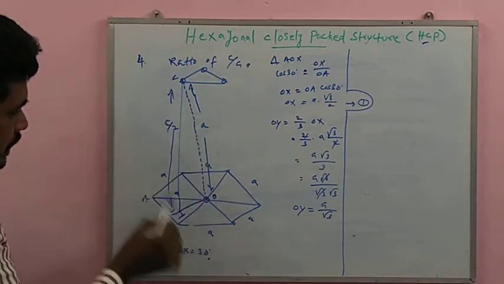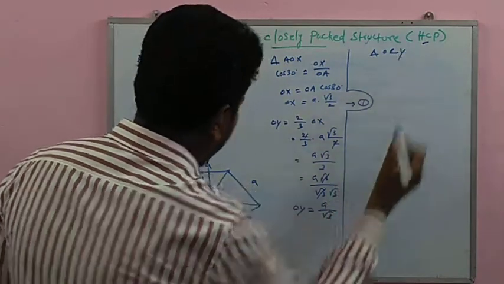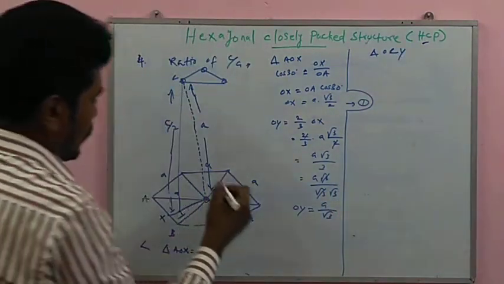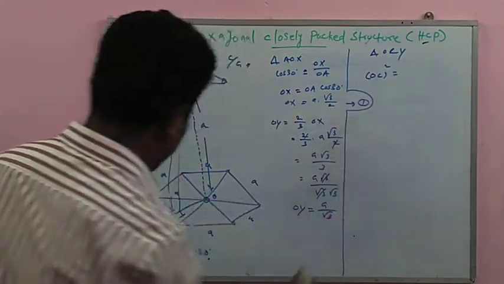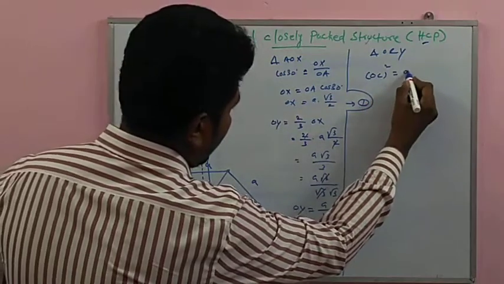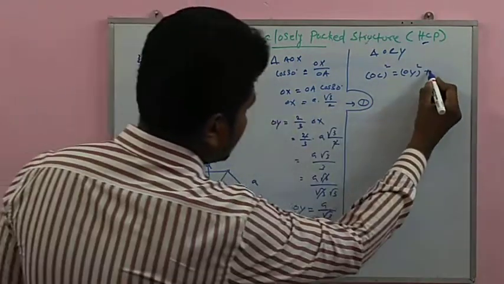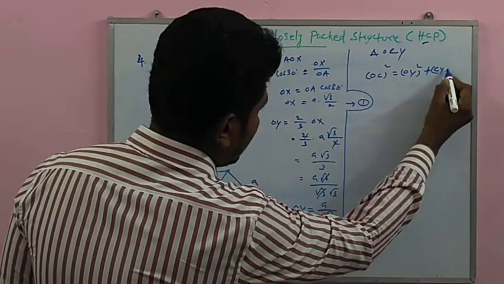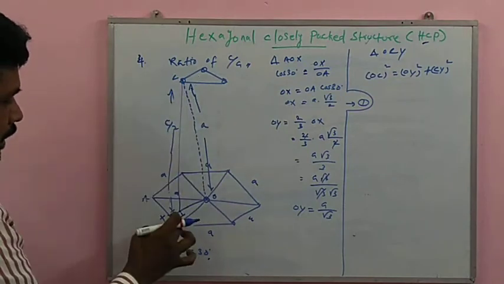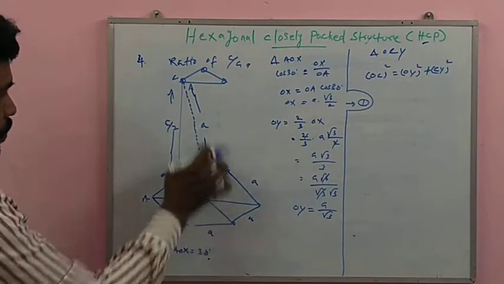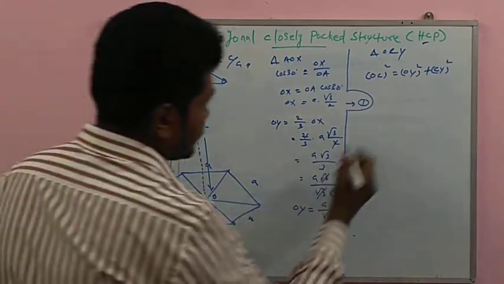For the angle OCY, OC whole square is equal to OY whole square plus CY whole square. Understand? In triangle OCY, OC whole square is equal to OY whole square plus CY whole square.